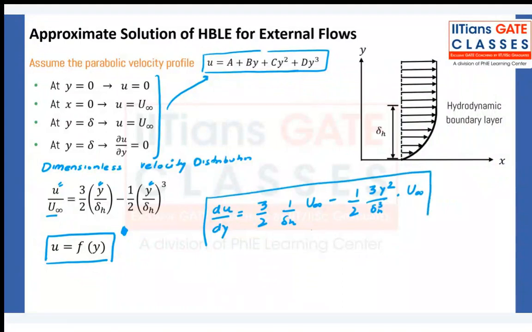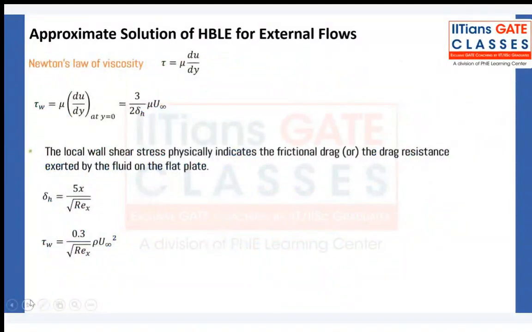Now I need to find out shear stress. Okay, so Newton's law of viscosity gives us this. Now I need to find out the shear stress, because it will be the maximum shear stress at the wall. So it will be tau at the wall, the maximum shear stress, mu du by dy, but du by dy at what? At y equals 0, because at the wall, y equals 0.